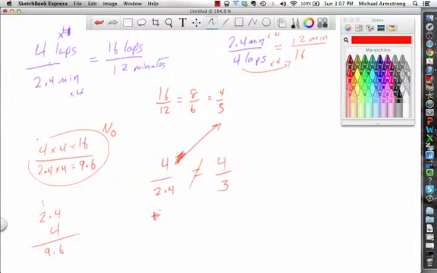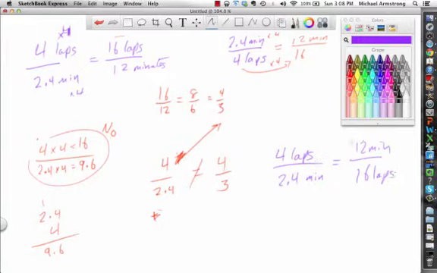So it doesn't matter if you set it up with the laps on top and the minutes on the bottom, or the minutes on top and the laps on the bottom, the way they did it in the book. What does matter is that you use a consistent numerator. You wouldn't want to do 4 laps over 2.4 minutes, and then put the minutes on top and the 16 laps on the bottom.